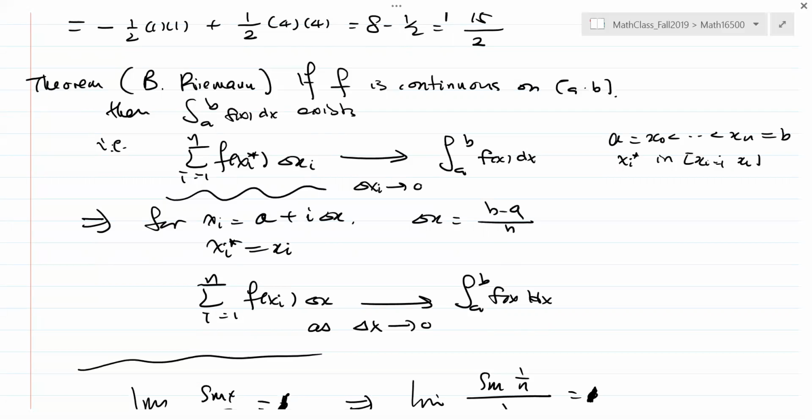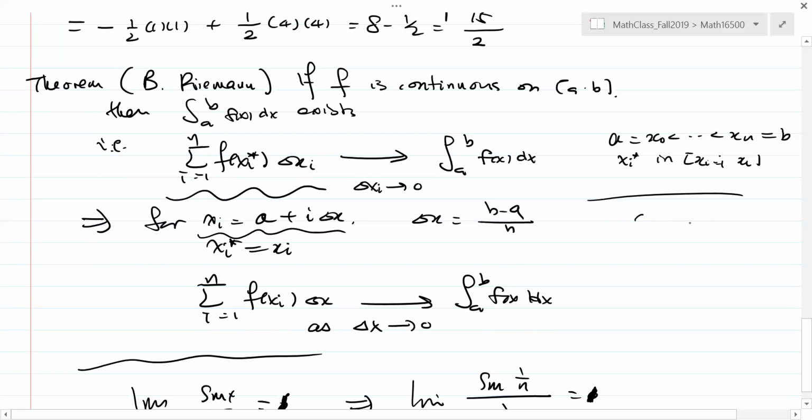Then in particular, if you choose a special partition, like this, where xi minus x(i-1) is the same, delta x equal b minus a over n, they all have equal size, and the point in the interval is the right endpoint xi, then you get a special Riemann sum.